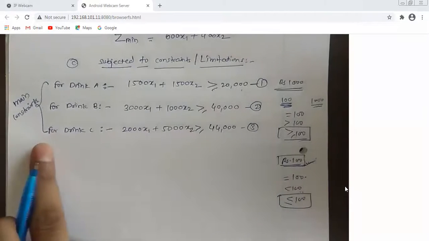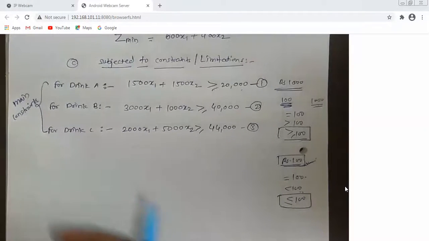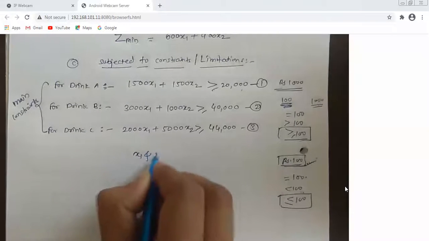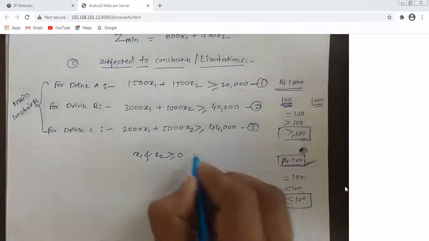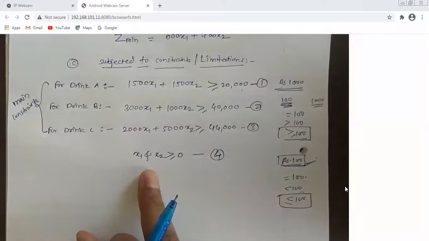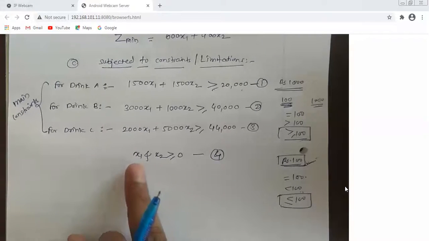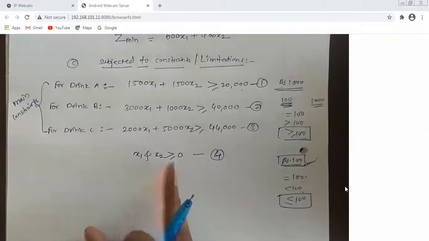So these constraints are called main constraints, and we have to add one more constraint from our side, that is X1 and X2 are greater than or equal to 0. Why have we added the constraint from our side? Because the values of X1 and X2 will not be negative. It may be either 0 or greater than 0.